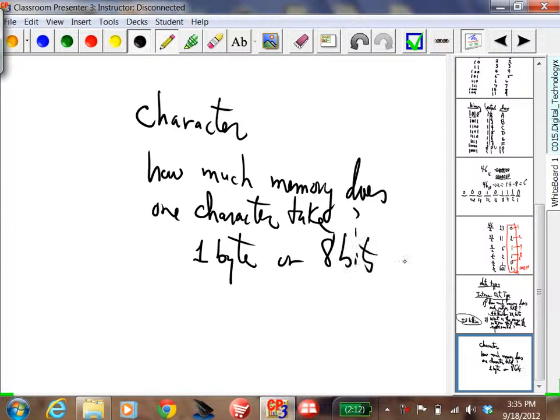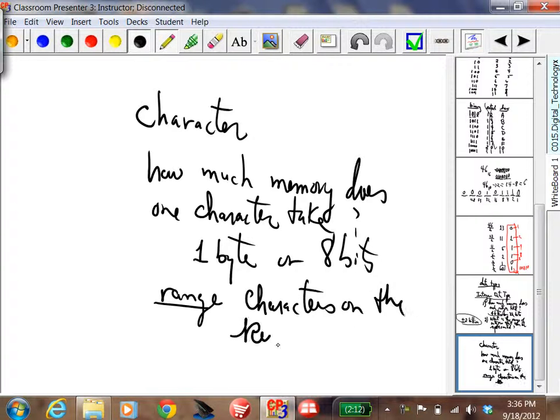Both those answers are right. 1 byte is correct. 8 bits is correct. And what's the range? Well, the range is basically the characters on the keyboard. You know, there'll be 256 altogether, right? 256 possible.